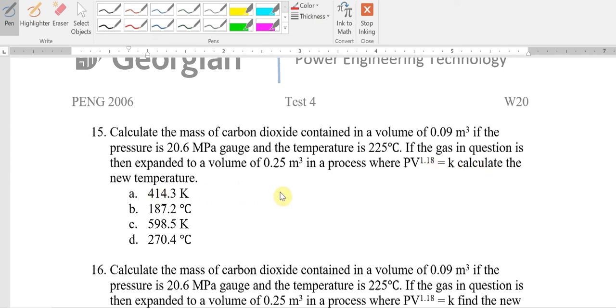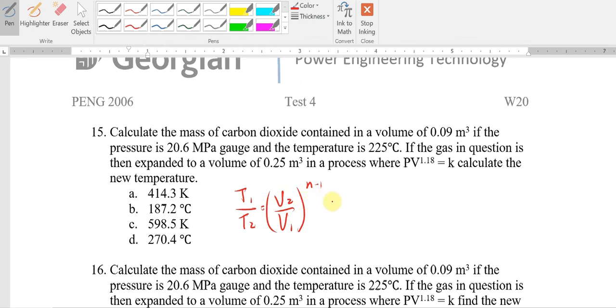Well, we've got the new temperature here. We actually don't have to calculate the mass. It just happened to be in there so I could give you all the rest of the information that you needed.